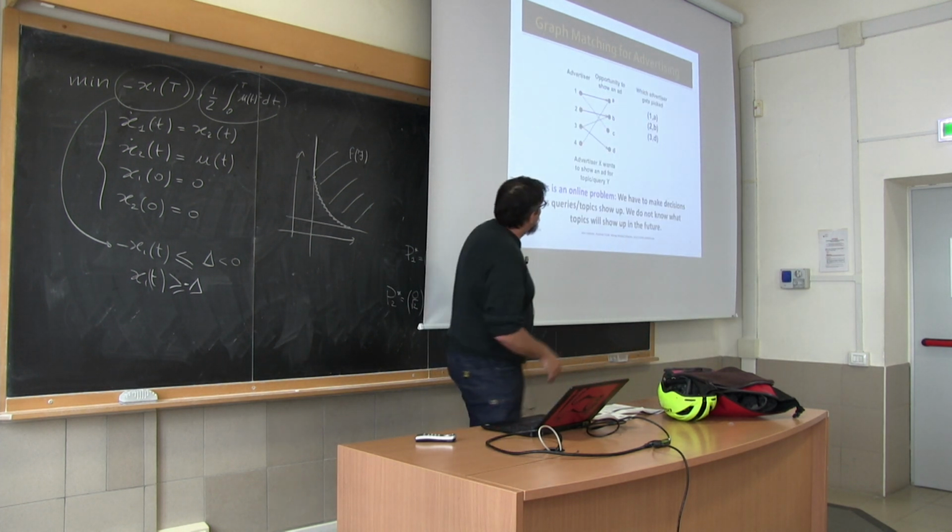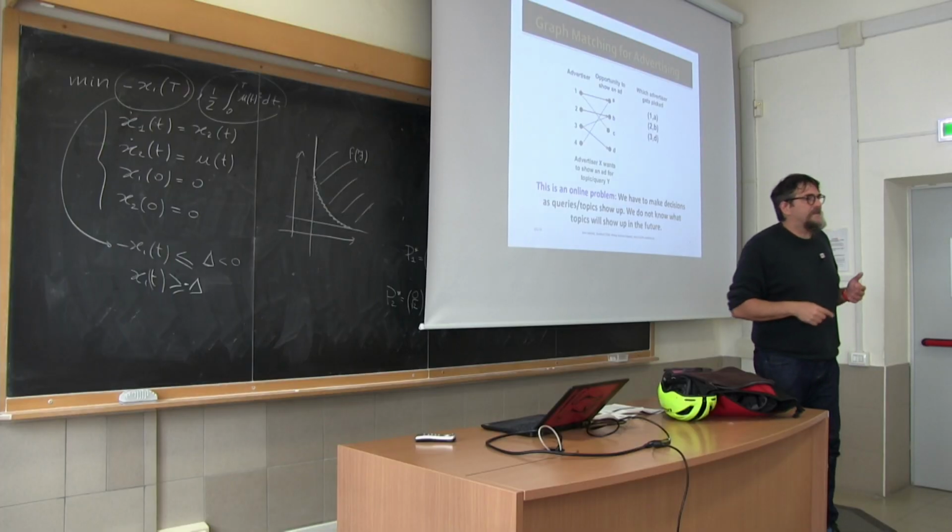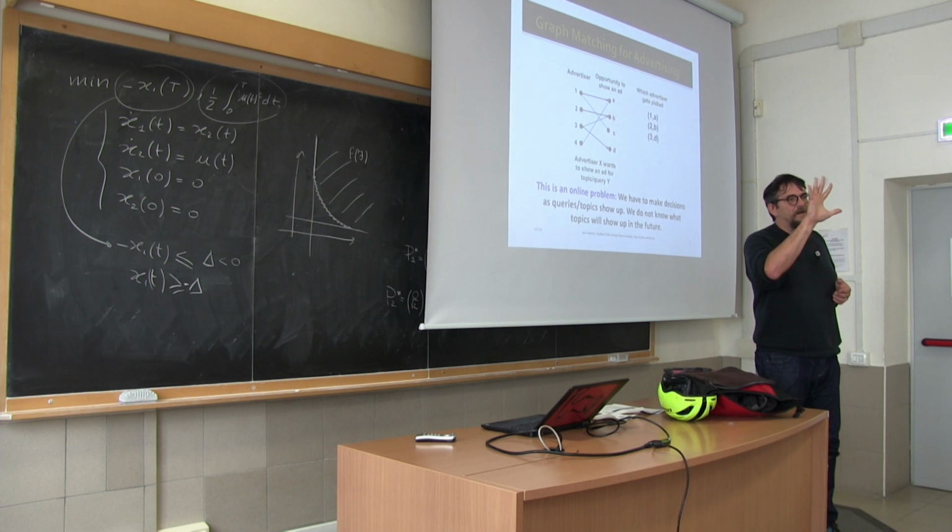So basically you can formalize this problem as a graph matching for advertisement, in which on the left you have the advertisers, on the right you have a given query that is of interest for the advertiser, and this means that the advertiser would show up his advertisement as a result of that query.